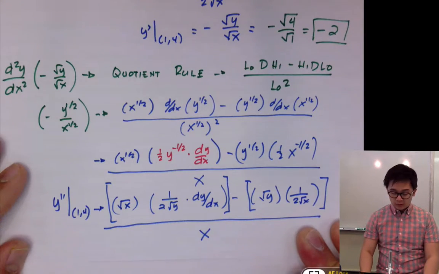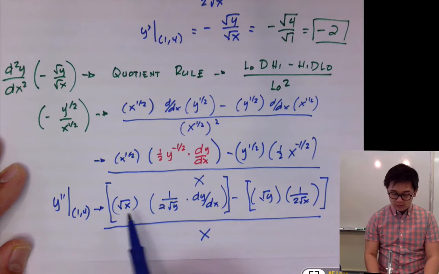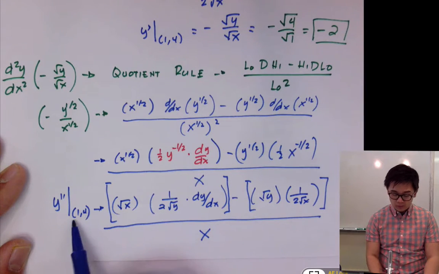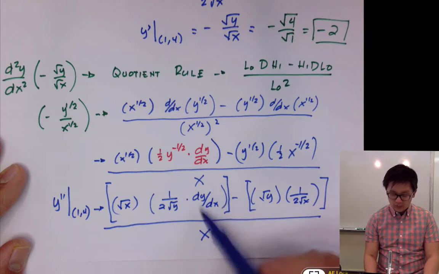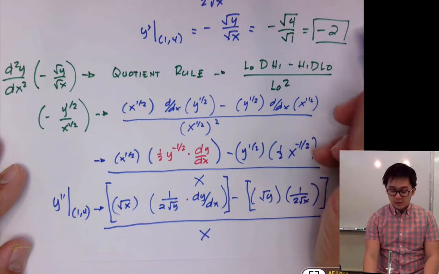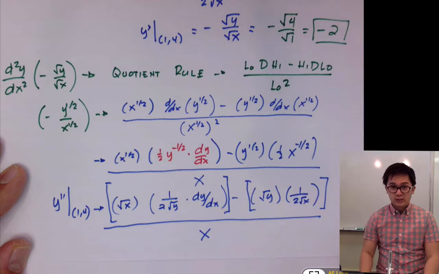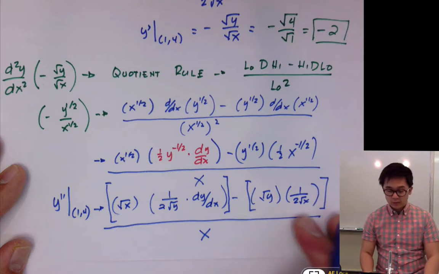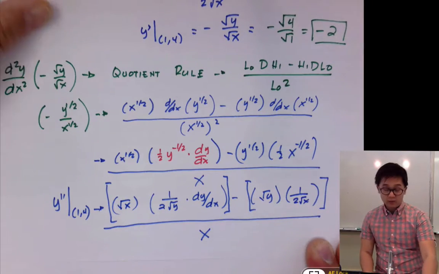So what we're going to be doing is substituting the values of x and y, 1 and 4, and of course we have a dy/dx right here, and we know that our dy/dx is negative 2. So by substitution and simplifying our rational expression, we'll be able to find the second derivative at this particular given point. So let's go ahead and do our algebra work.